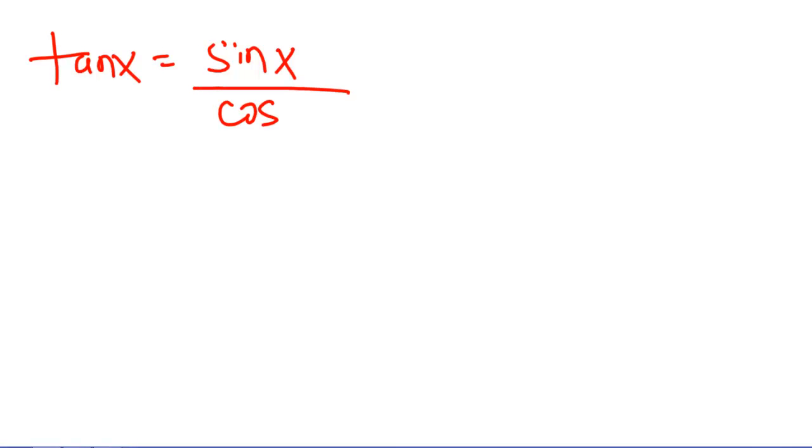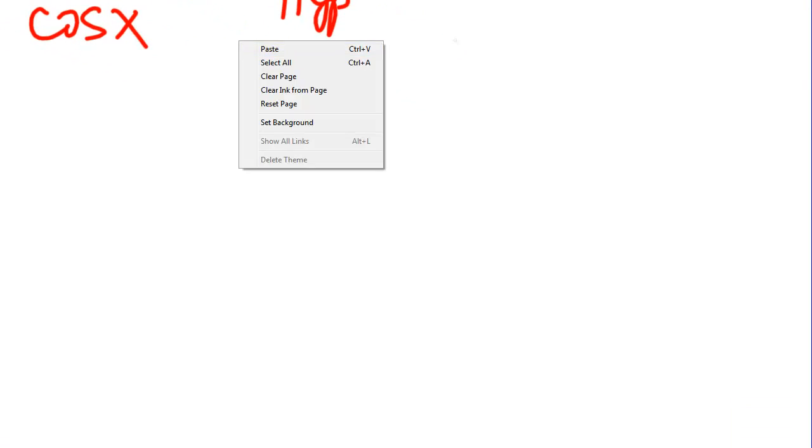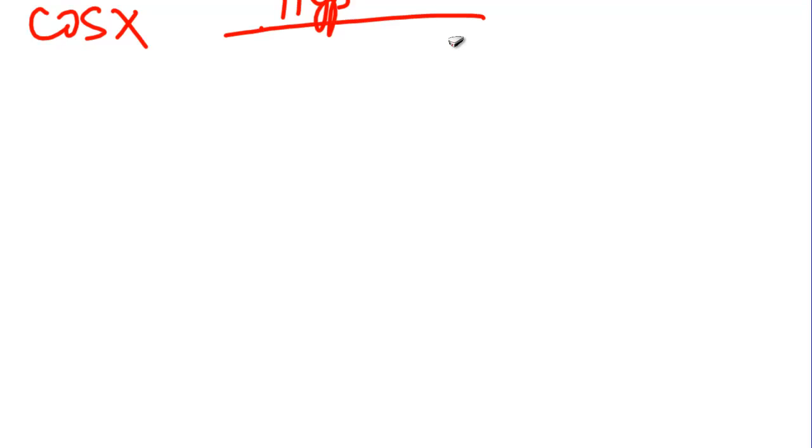Let's see. So we have tangent x, which we said is equal to the sine of x over the cosine of x. Now, if we remember from our right triangle, sine of x was the opposite over the hypotenuse. Likewise, the cosine was adjacent over the hypotenuse.